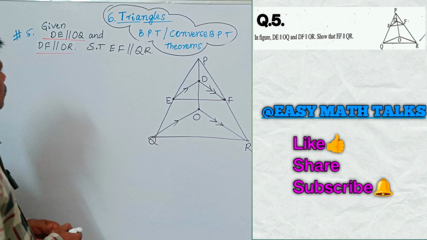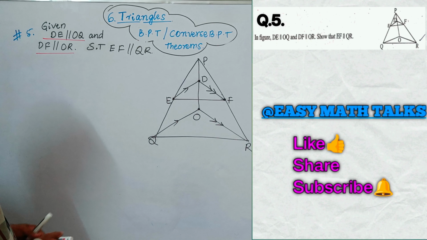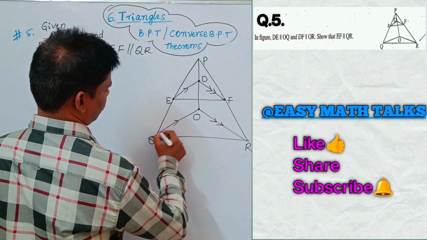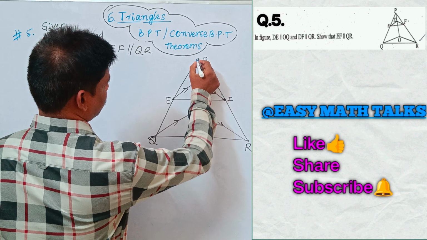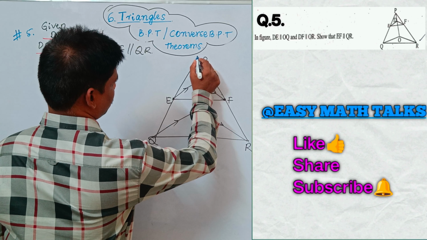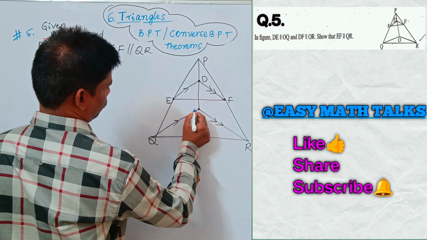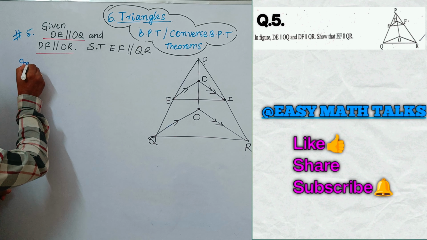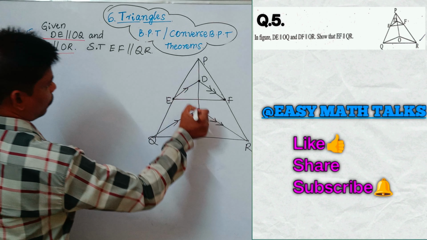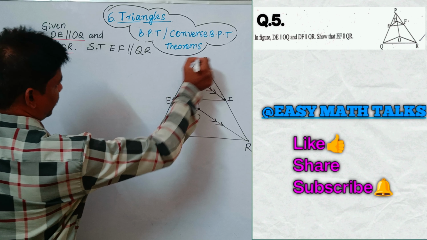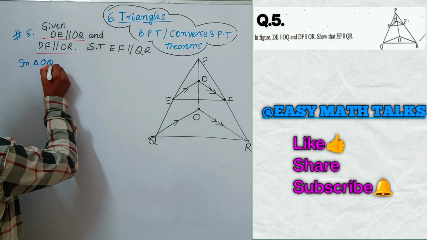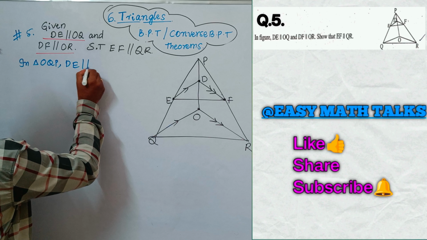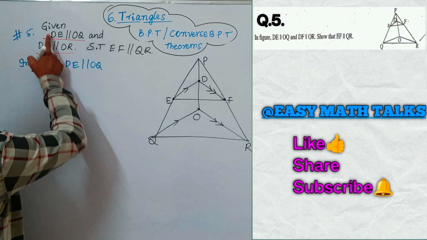See here, DE is parallel to OQ. Given DE is parallel to OQ. So you have to consider this triangle, OQP. In triangle OQP, DE is parallel to OQ, that is given.